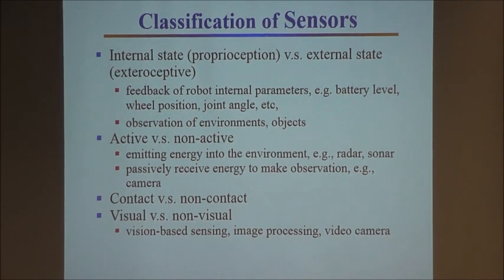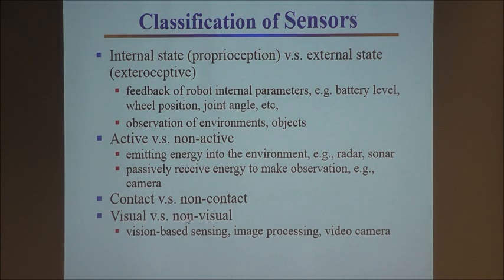Active versus passive sensors. Emitting energy into the environment like radar or sonar, or passively receiving energy to make observations like a camera. You need to see whether the robot has contact or non-contact capability.